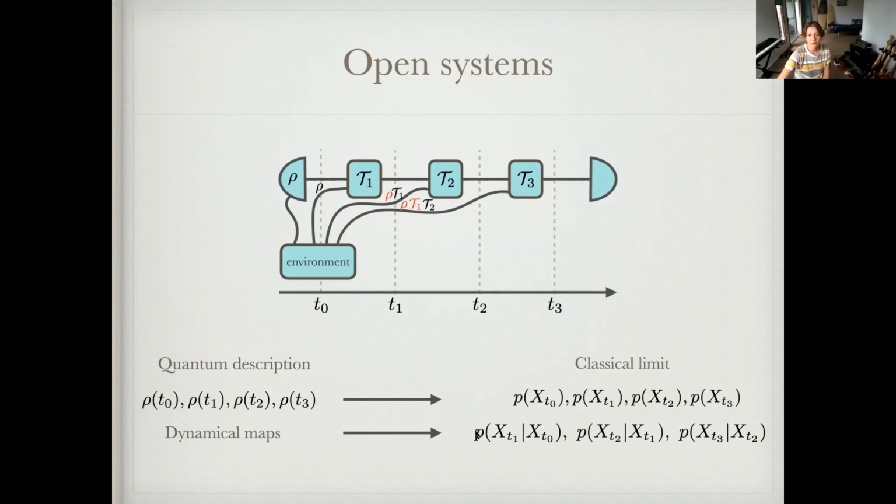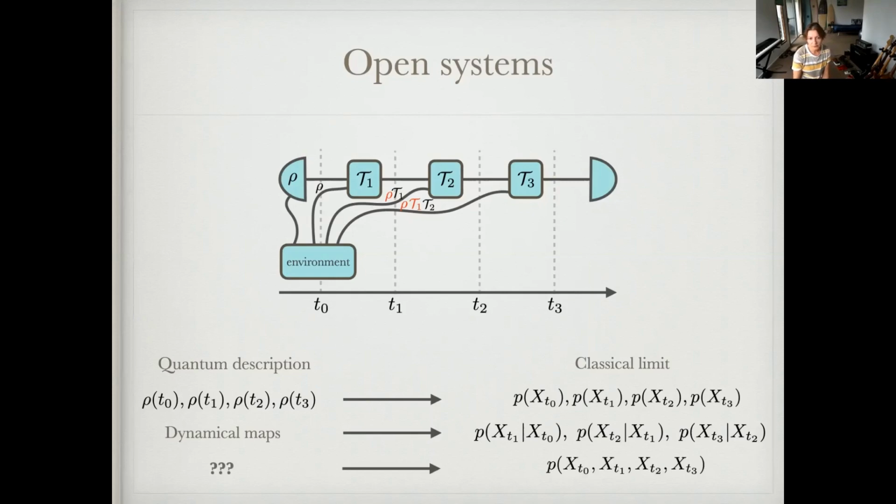What that will give you is conditional probabilities of some random variable at time T1, for example, conditionally on the value that it had at T0. So it will give you some information about correlations from the previous time step. You would have pairs of time steps where you would have some information.